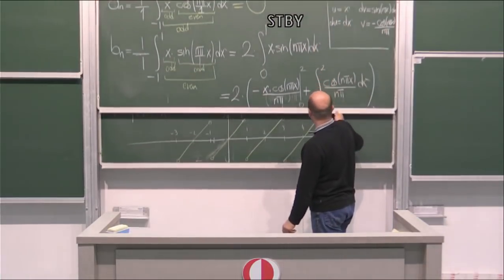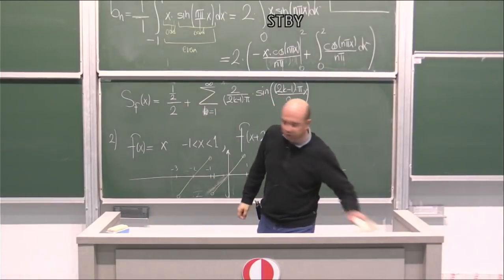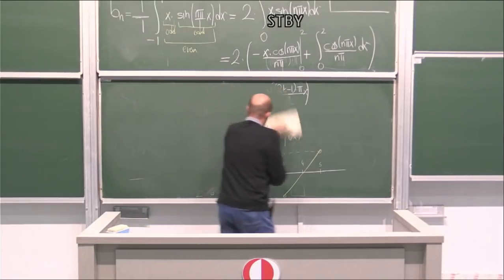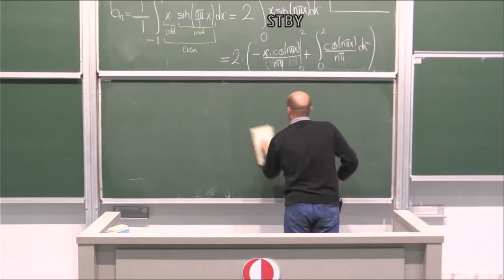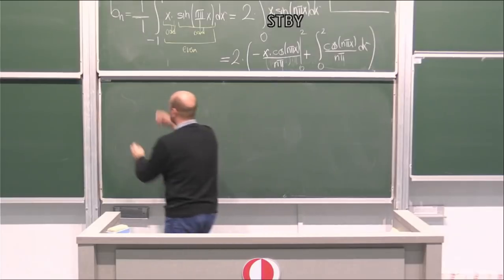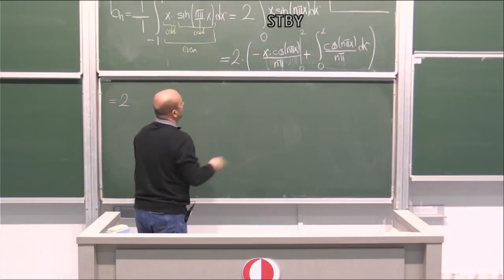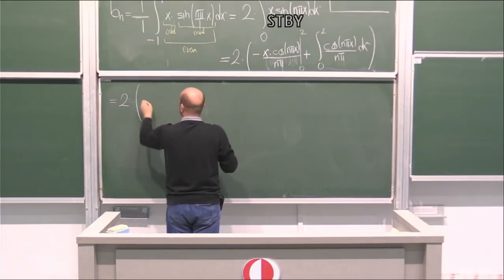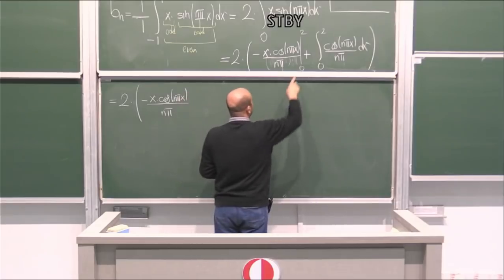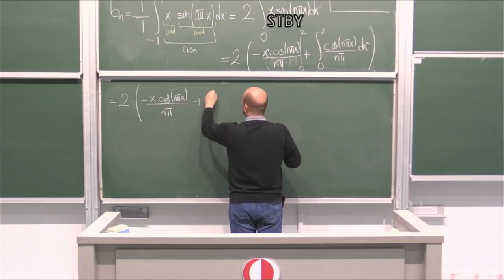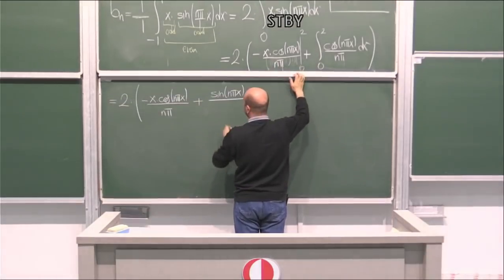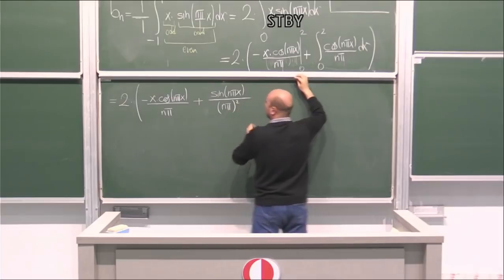Now we continue with this computation. We can integrate: minus x cosine n pi x over n pi, and the antiderivative of cosine n pi x over n pi is sine n pi x over n pi, with another n pi, so we have n pi squared.